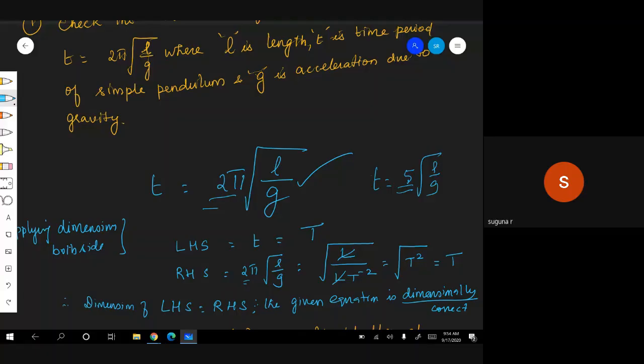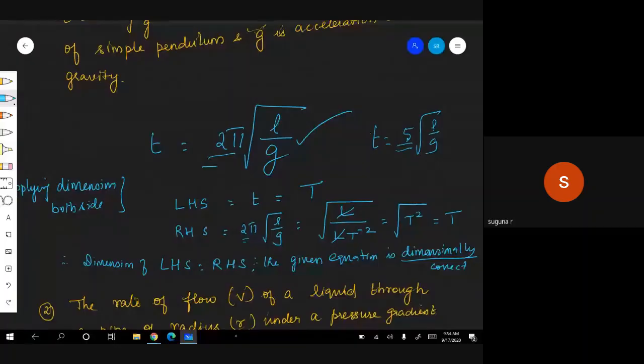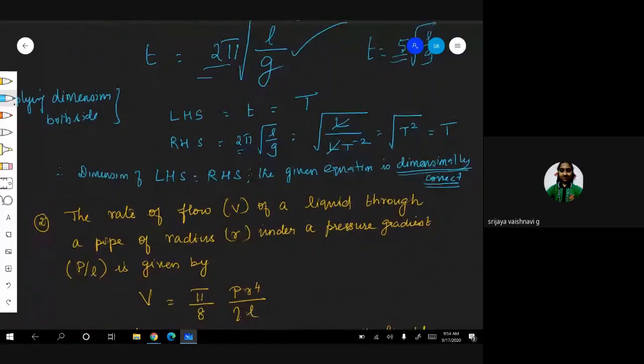Whether it is 2 pi, 5, 10, 5 pi or 100 pi, dimension will be keeping quiet. I will see only whether the dimension of LHS is equal to the dimension of RHS. That is why you have to give that the given equation is dimensionally correct. That's all. Are you following? Is it clear? Yes, ma'am.